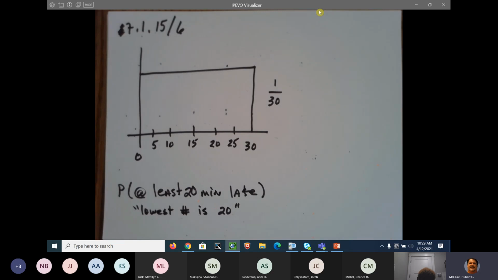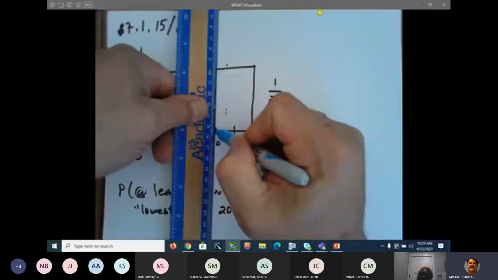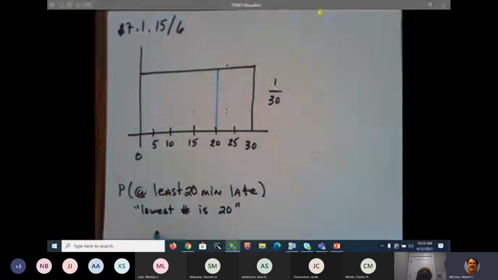and I'm going to do it in blue. And somebody tell me, since the lowest is 20, how do I show that numbers are greater than 20? Do the greater than sign? What numbers are greater than 20? Do I shade the right side or the left side? The right side.